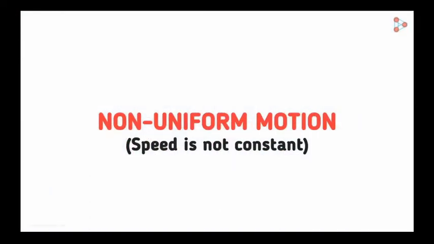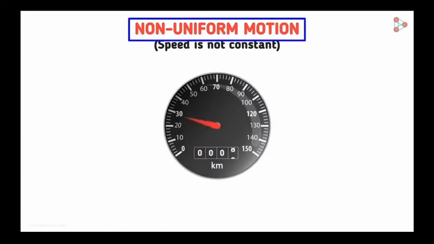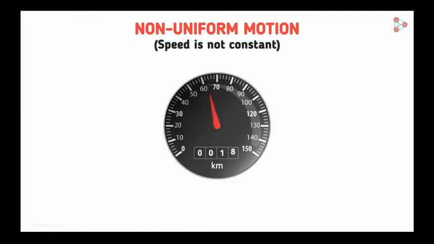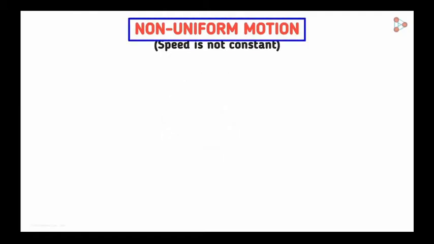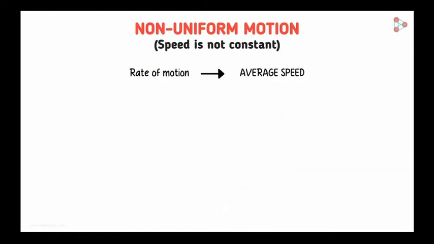So hang on, can we calculate speed for non-uniform motion? As the motion is not uniform, it will have different speeds at different points in time. When it comes to non-uniform motion, we refer to the rate of motion in terms of average speed. Yes, that's right, average speed.